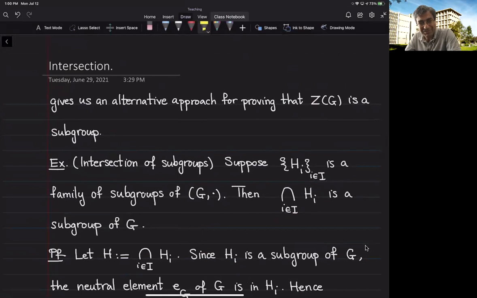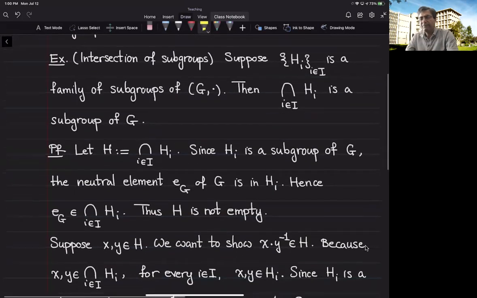the center is a subgroup. So the next example tells us that if I give you a family, a collection of subgroups, their intersection is always a subgroup. So the intersection of finitely many, infinitely many, doesn't matter. If you give me a bunch of subgroups, then when you intersect them, you are going to get another subgroup.